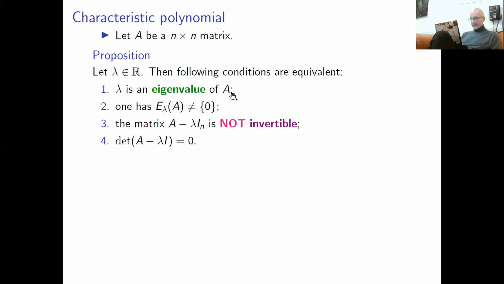Lambda is an eigenvalue of A. The lambda eigenspace of A is not zero. The matrix A minus lambda times identity is not invertible. The determinant of this matrix A minus lambda times identity is zero. Okay, so the equivalence of the first two we already know.